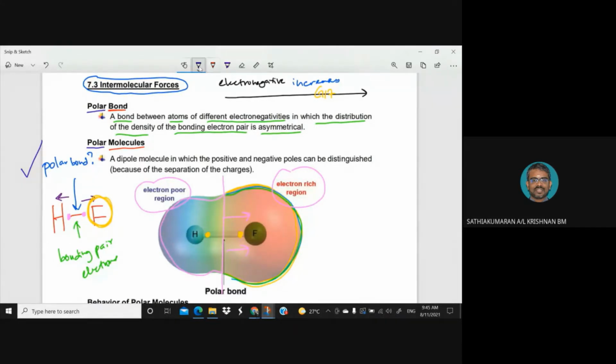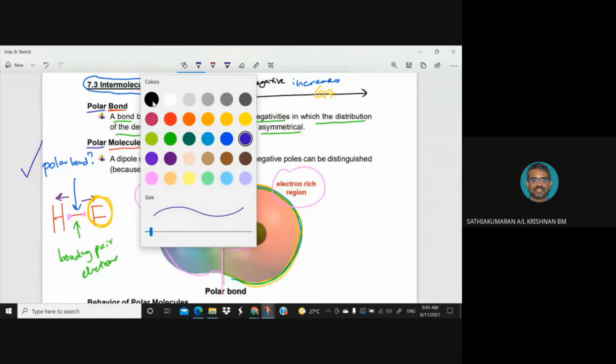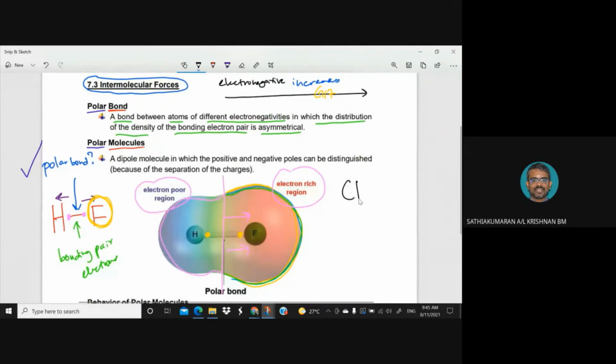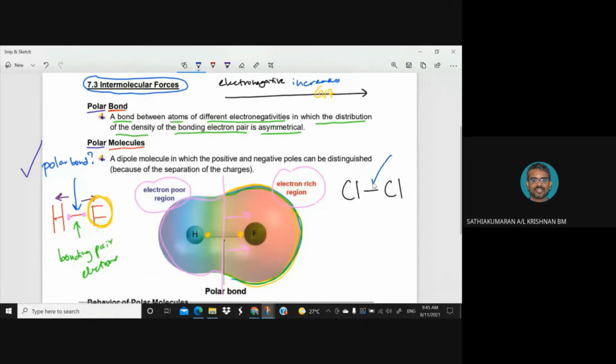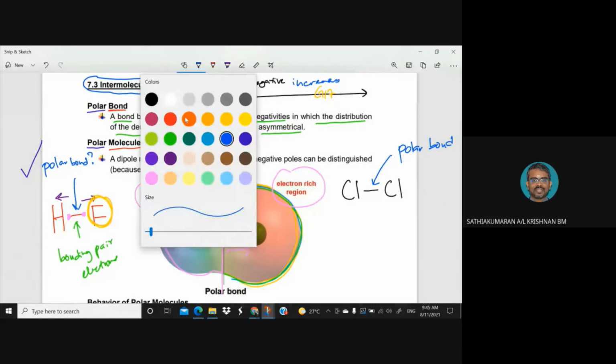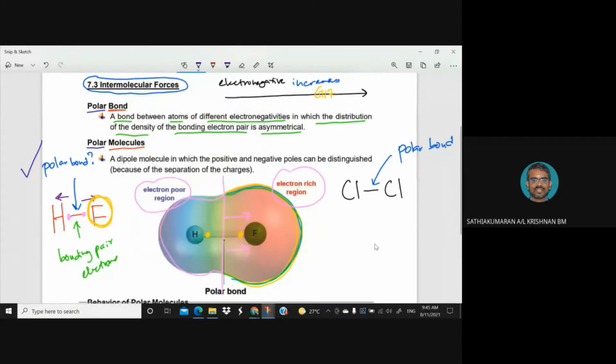I discuss another example here. I have chlorine and chlorine. Is this bond a polar bond? So let us see the electron cloud.